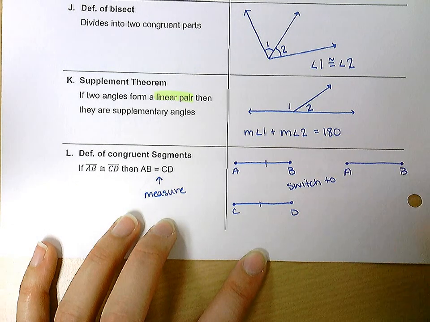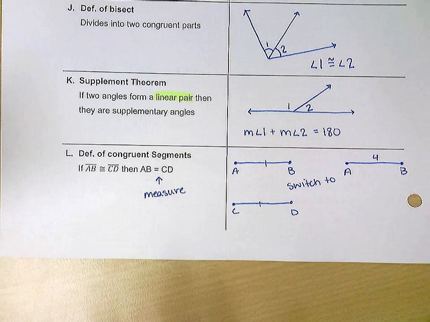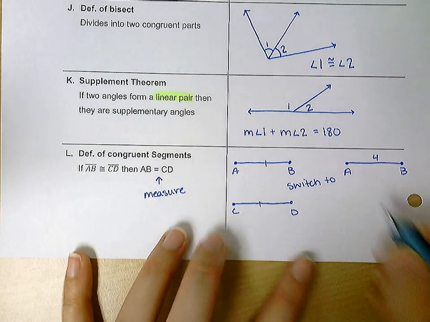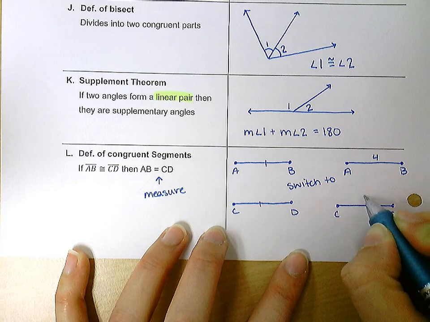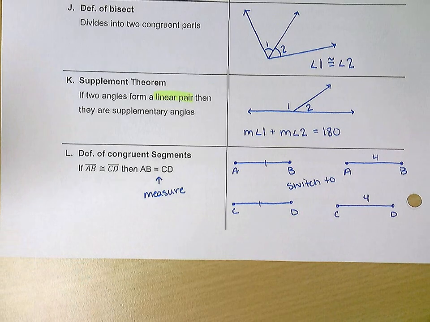So if I have A and B and I know segment AB is 4, well, since I know those two segments are congruent and I know AB is 4, what is CD? 4. So CD would also be 4.